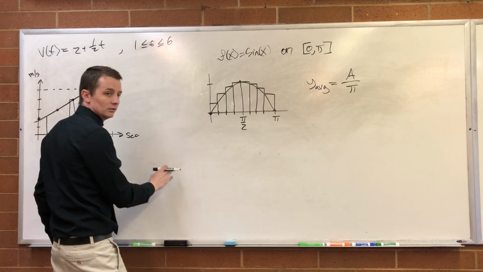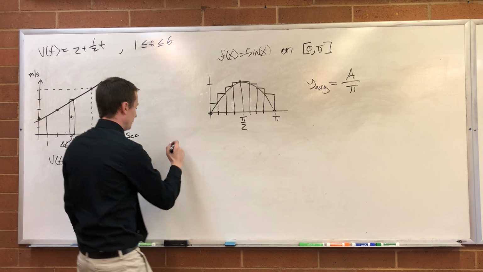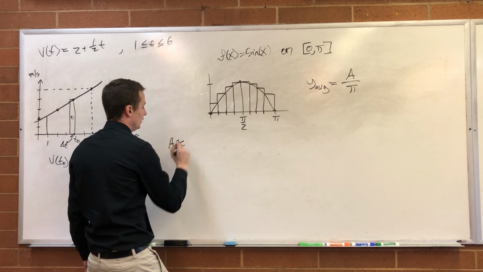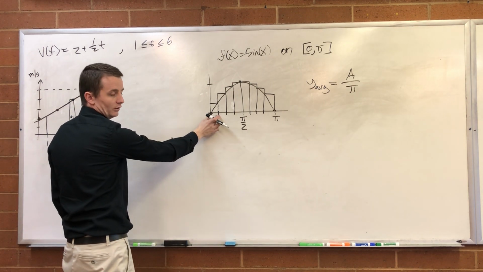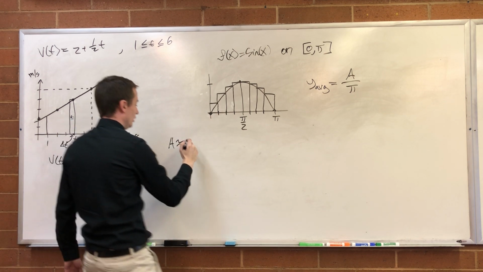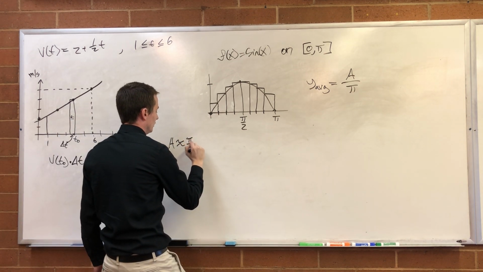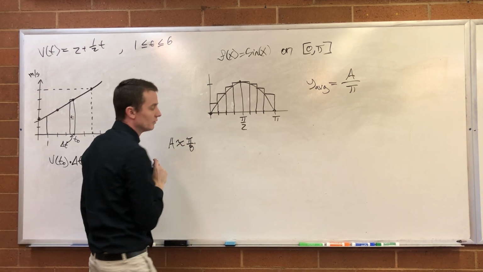So here's the annoying part. Our area approximation is going to be equal to, what's the base here? Pi over 8, times the height.